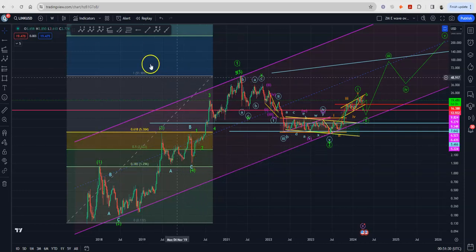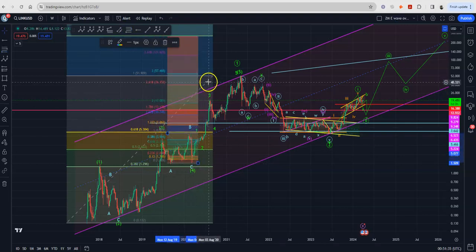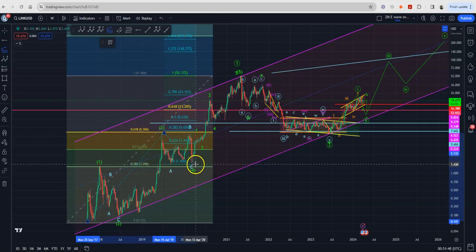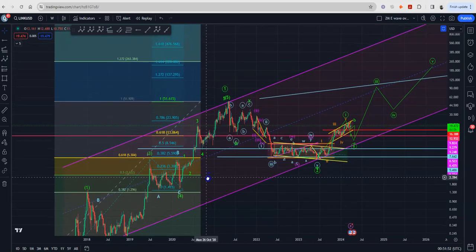Wave 5 here is an extended fifth wave, as you can see by the projection of wave 4. You guys probably might know from the last video that one of the tests for whether a wave is extended is using the fib retracement.